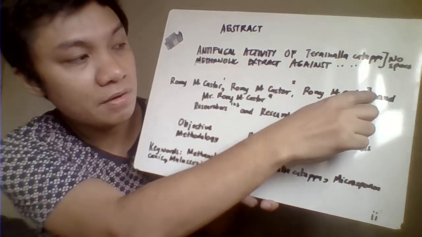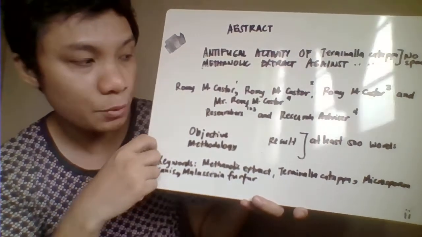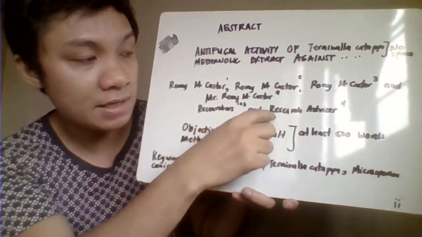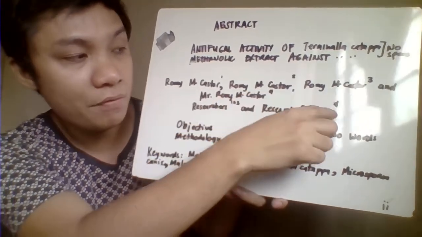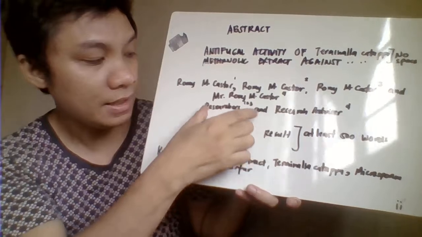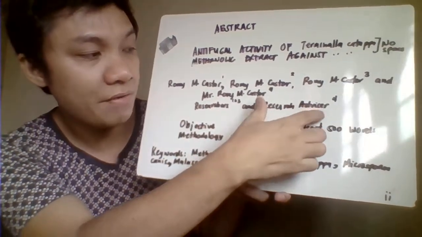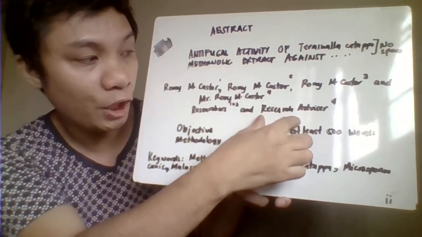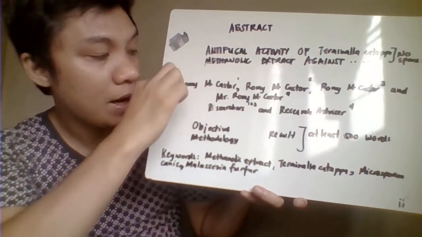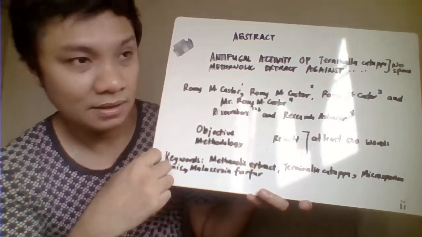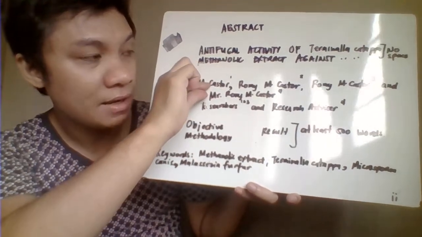Those are the members of the researchers or the group. And you write research advisor for your number 4 because it's your advisor. And these, researchers and research advisor, should be written at the center after all the names have been listed. In each of these again, no space.